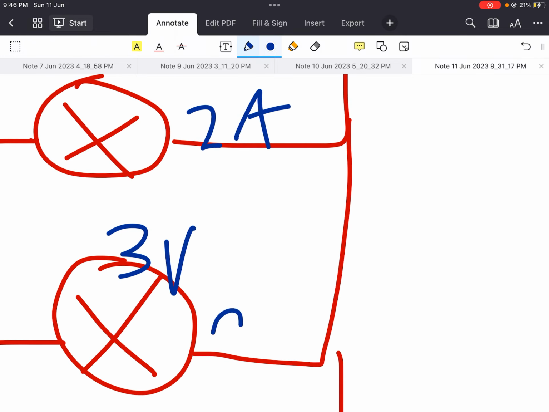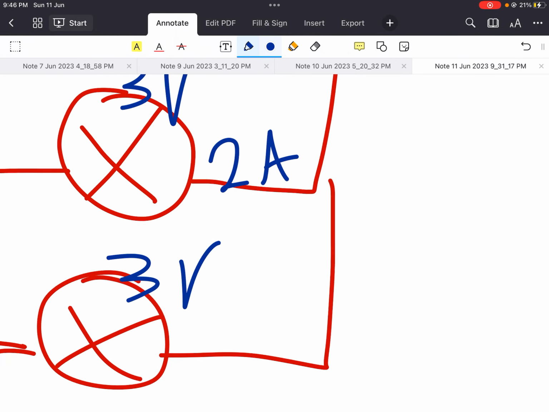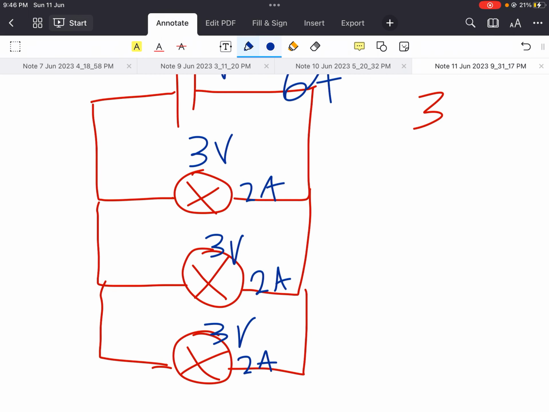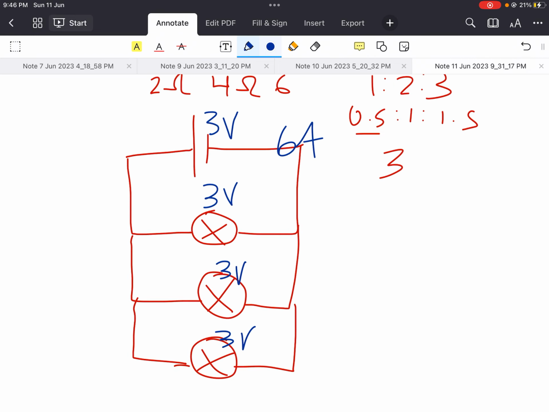So 2 amps will flow through this, 2 amps through this, and 2 amps through this. But that's not necessarily always the case. I'm just assuming that each of these filament bulbs is identical, so each of them will get the same current.